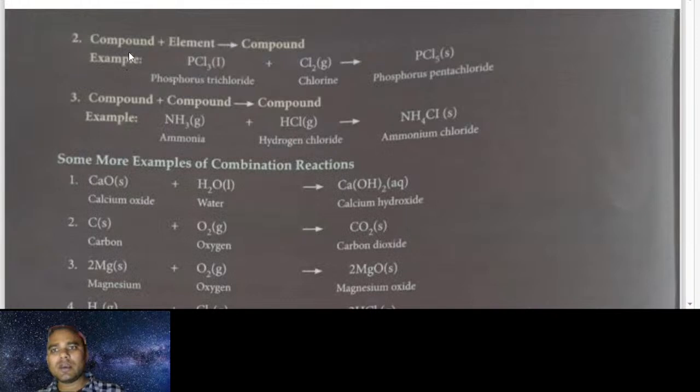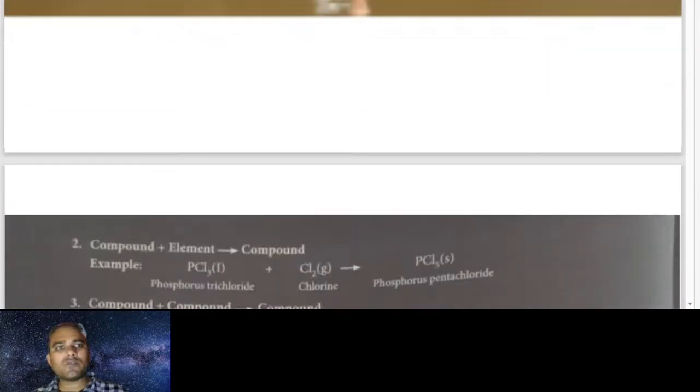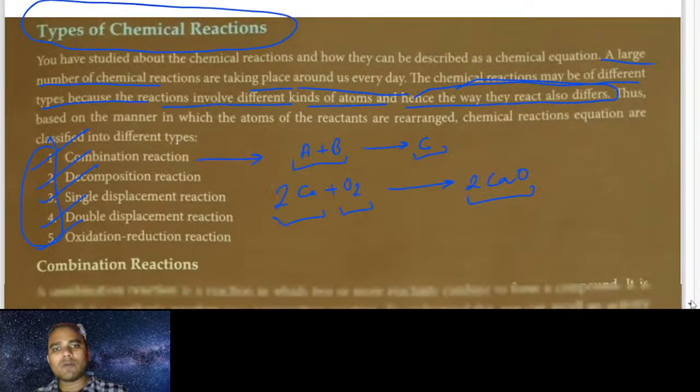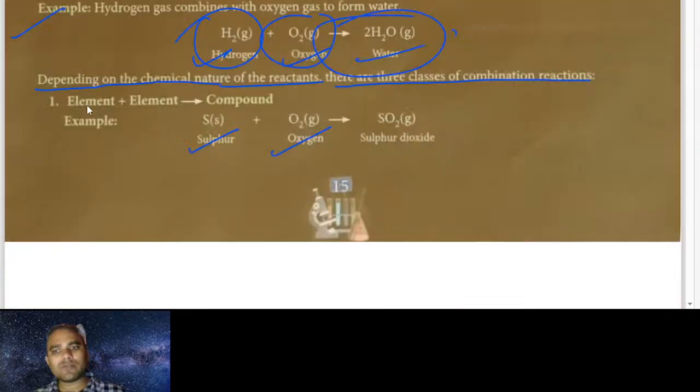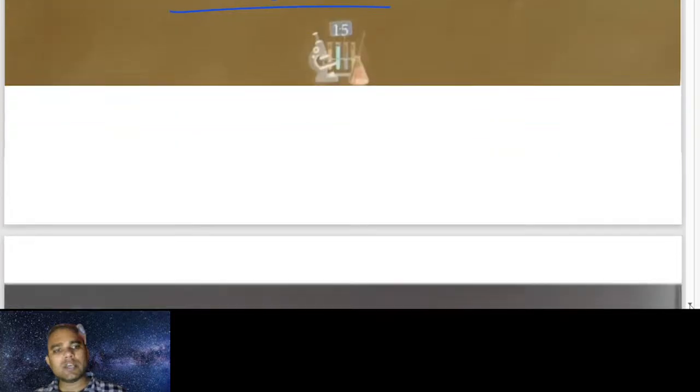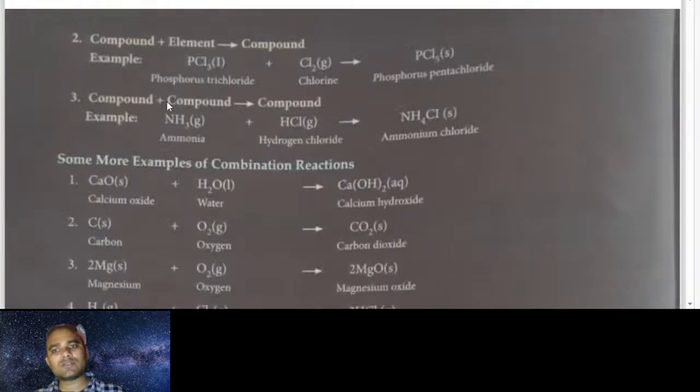In the first class, element and element combine to give a compound: sulfur plus oxygen gives SO2. In the second class, compound and element combine to give a compound: phosphorus trichloride PCl3 plus Cl2 gives PCl5. In the third class, compound and compound combine: NH3 and HCl give NH4Cl.